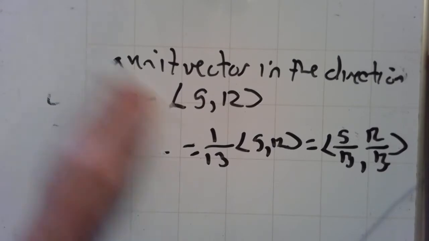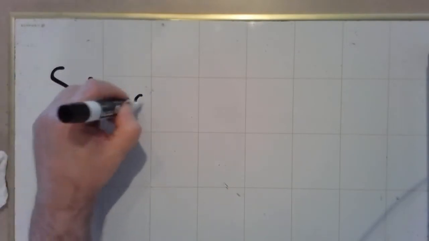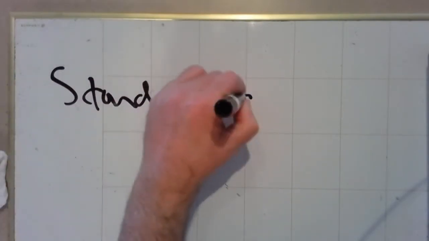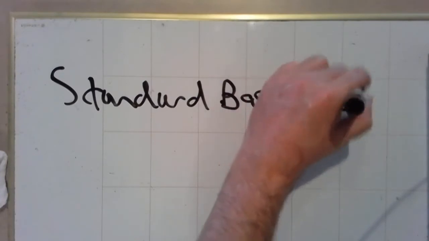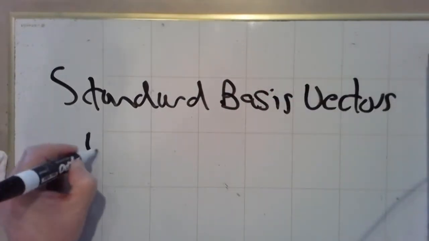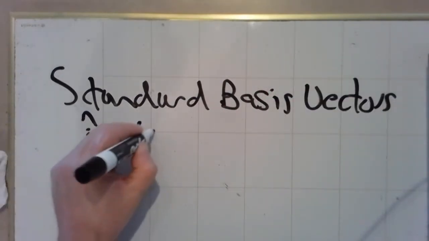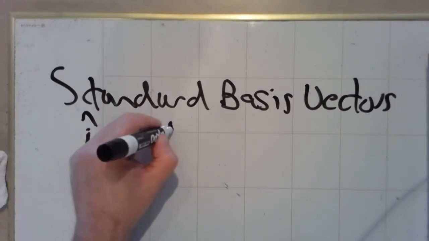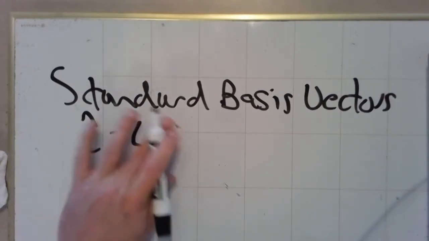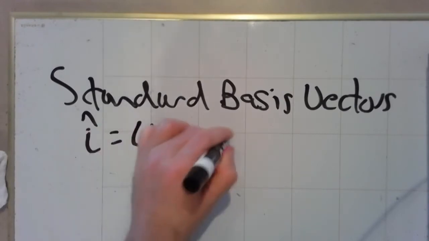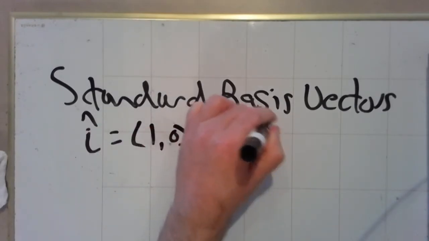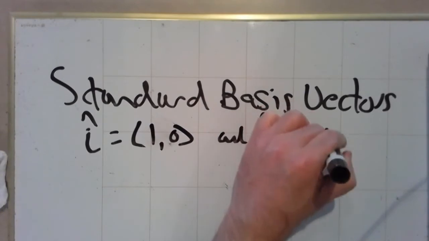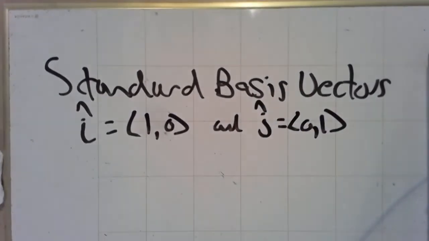Okay, now we got a couple of special unit vectors called the standard basis vectors. These are i hat is (1, 0), and j hat is (0, 1). These are unit vectors, but they're special.